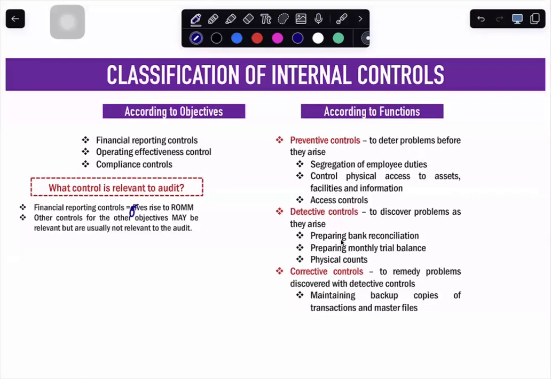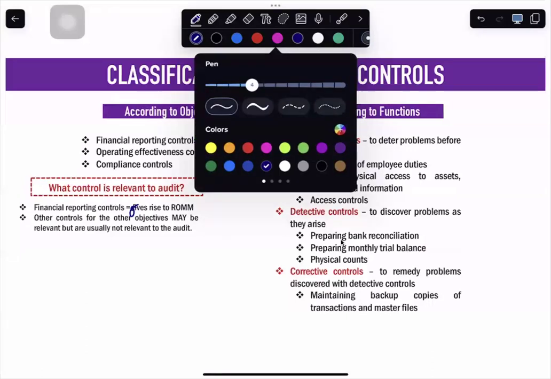So financial reporting controls give rise to our ROMM, but other types of internal controls according to objectives can also be relevant as long as they are tied to your items in your FS or in your financial reporting.